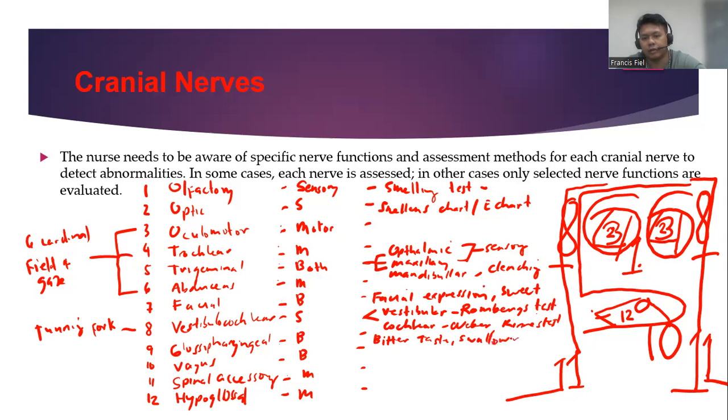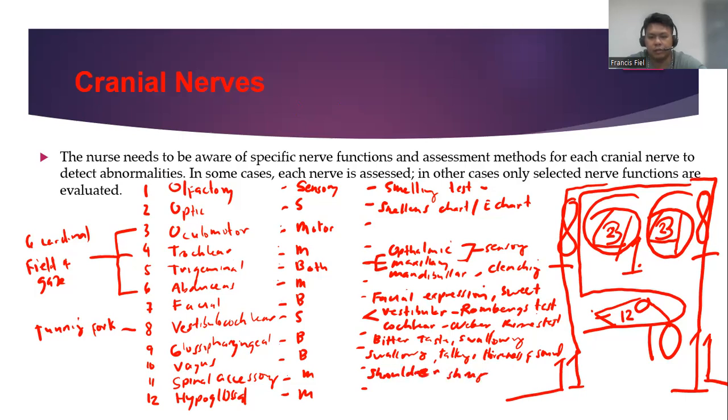And the vagus nerve is also for swallowing and for talking. You assess the hoarseness of sound here. Also, spinal accessory, you will test through shoulder shrug.